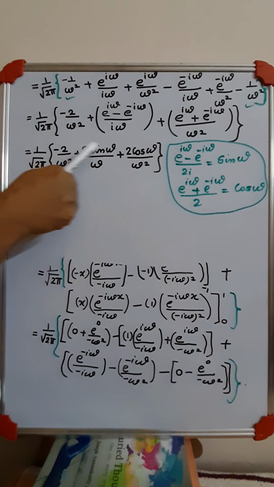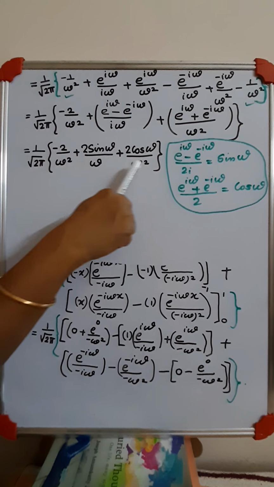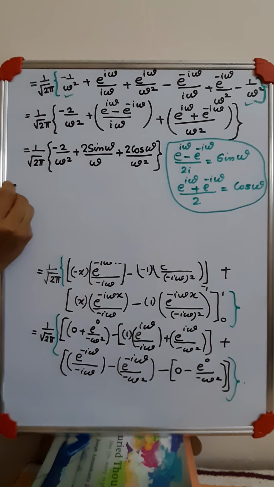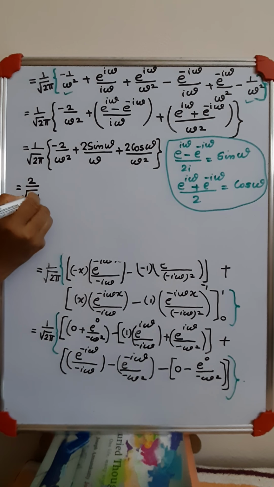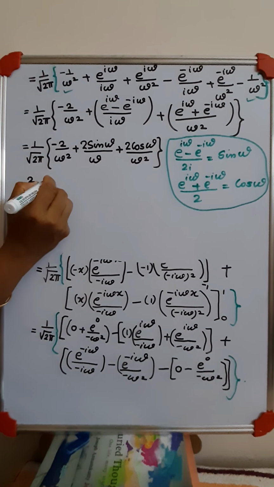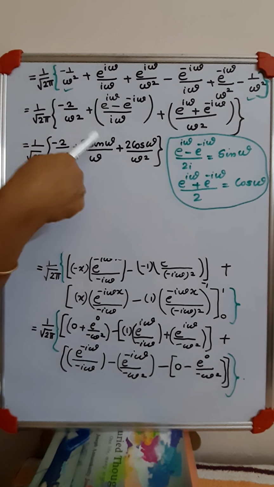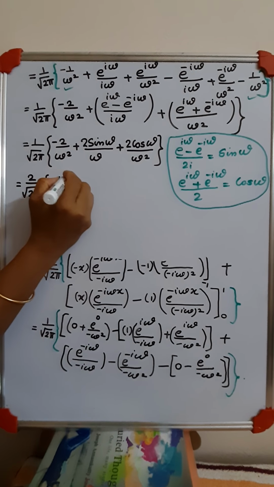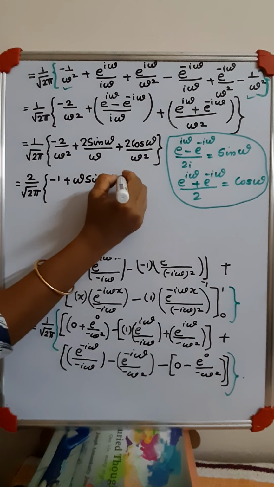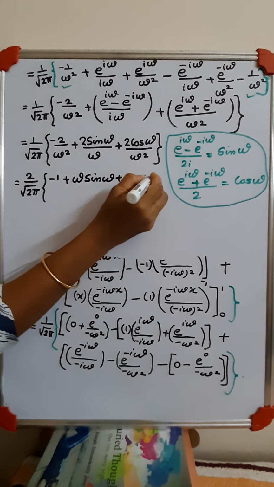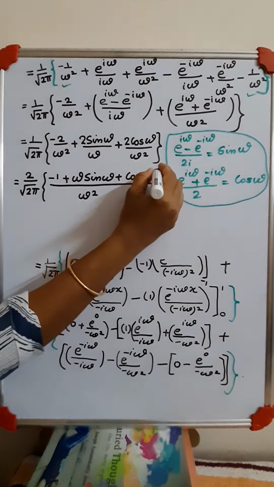Now 2 is common in the numerator. We can take it outside. Then we can take omega square as the common LCM. So we can write it as 2 divided by root of 2 pi into minus 1. Then you have to multiply this term's numerator by omega. It is plus omega sin omega plus cos omega divided by omega square.